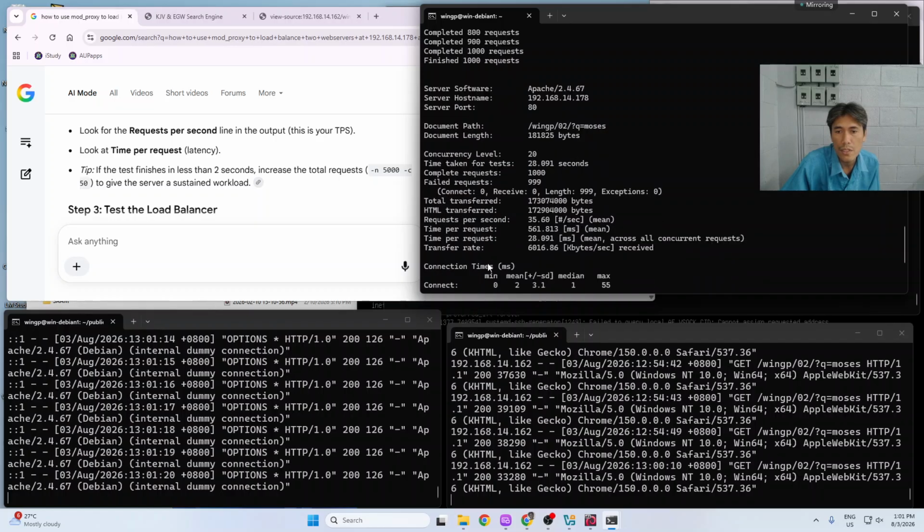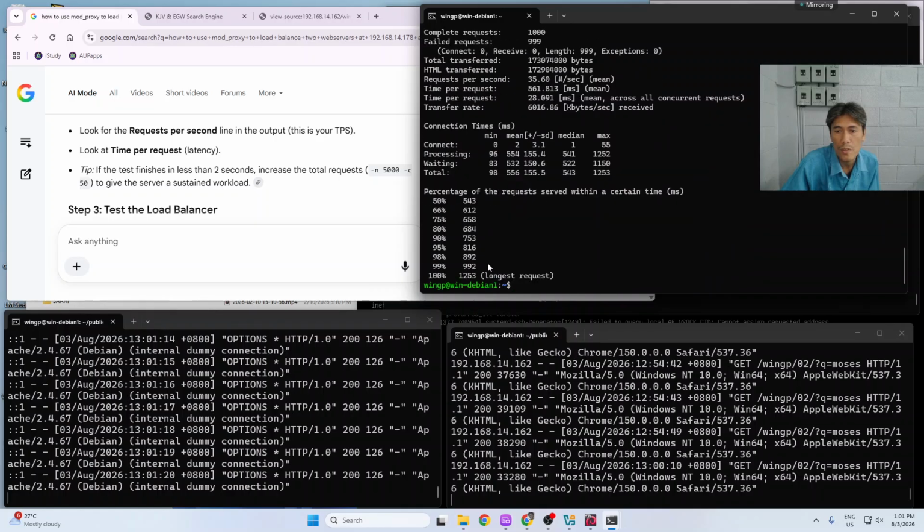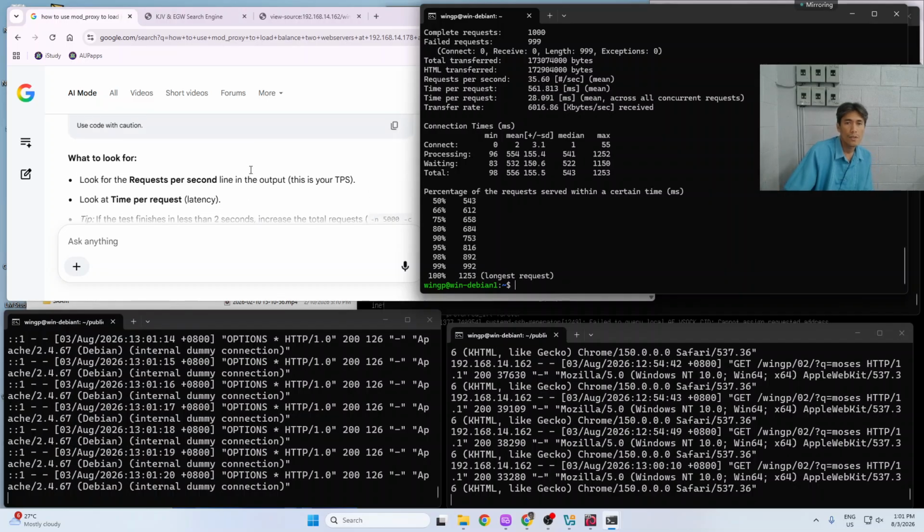Time per request, transfer rate, connection. Requests per second. There. 35 requests per second. Time per request, half a second. Okay.